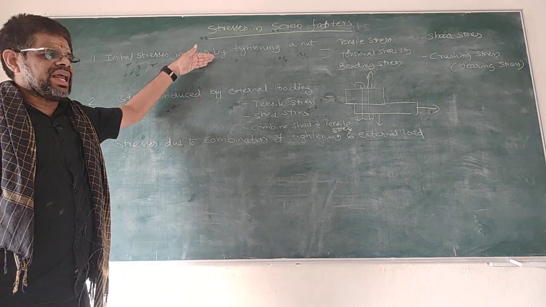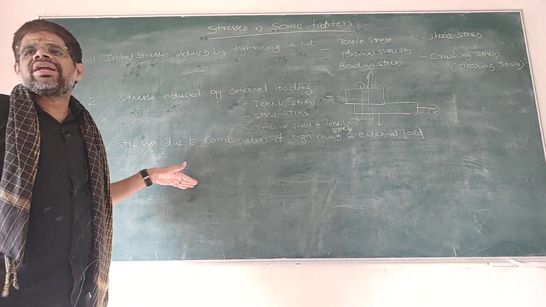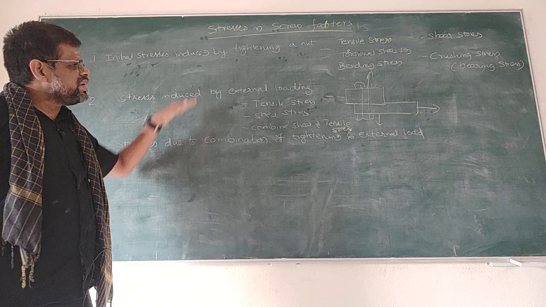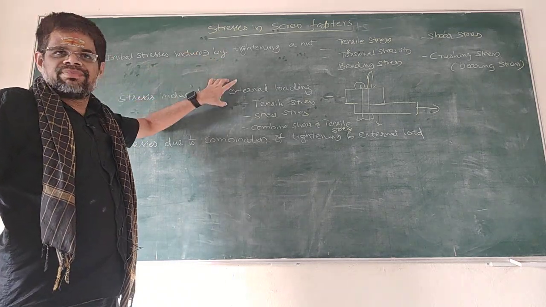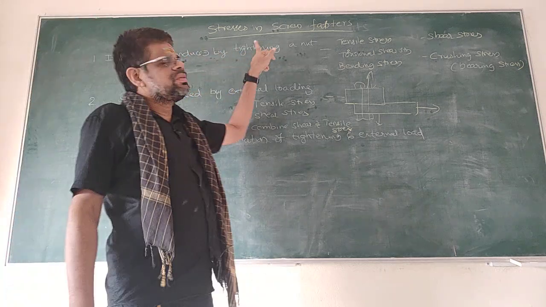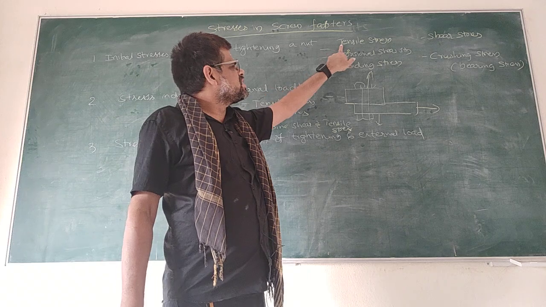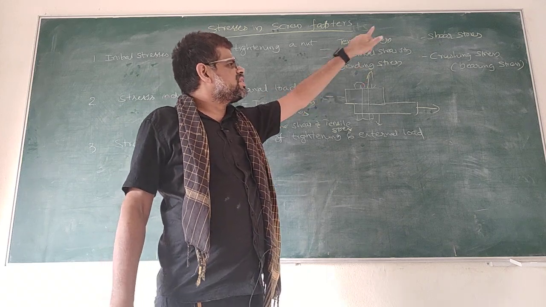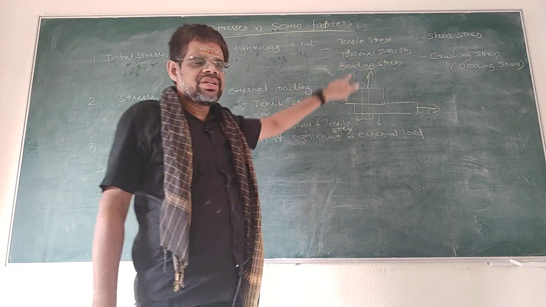So these are the types of stresses developed inside the bolt when it is in use. We will discuss in detail each and every category. How do you calculate the initial stresses due to tightening? For tensile stress, torsional stress, bending stress, shear and crushing stress. And we will solve some problems on it.